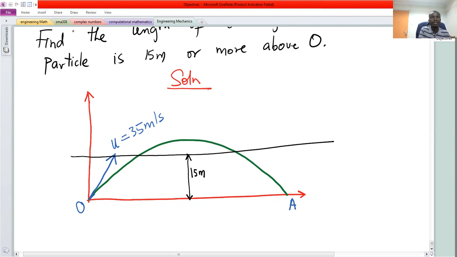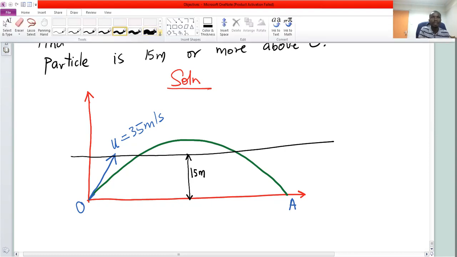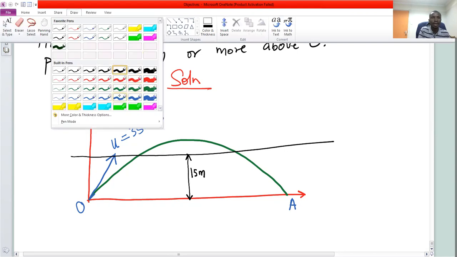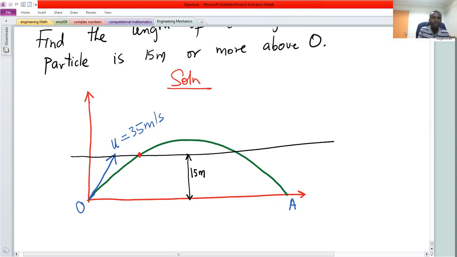As you can see, we expect to have two time intervals, at this point here and this other point here. So this is T1, this one is T2.